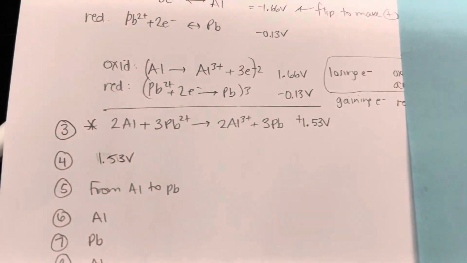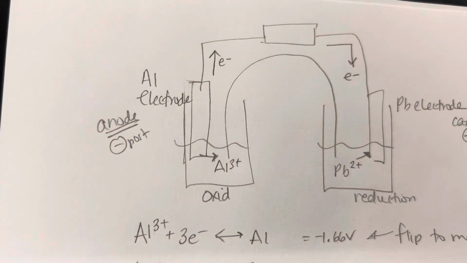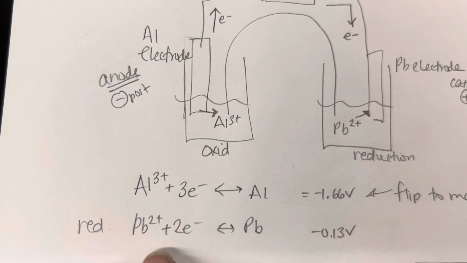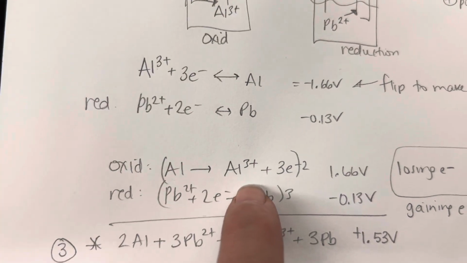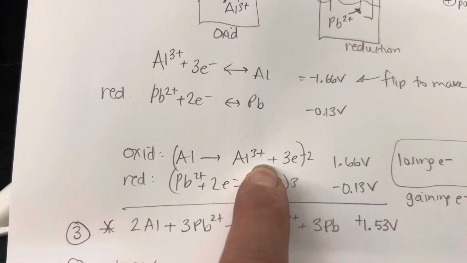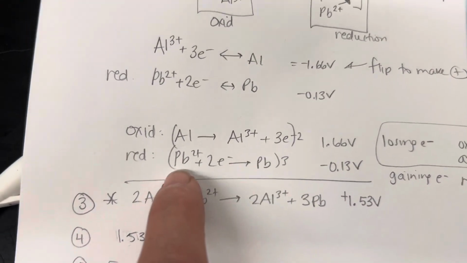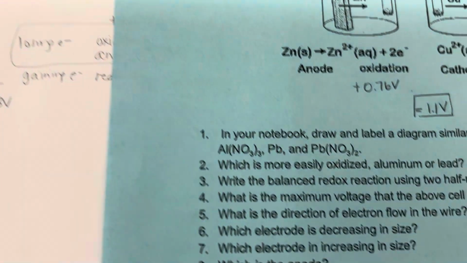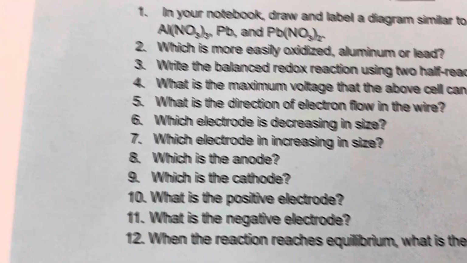If I look at my picture here, if we look at this formula, aluminum was elemental and it's becoming an ion. So it is decreasing in size, whereas the lead ion is going into lead, so that means that lead is increasing in size.